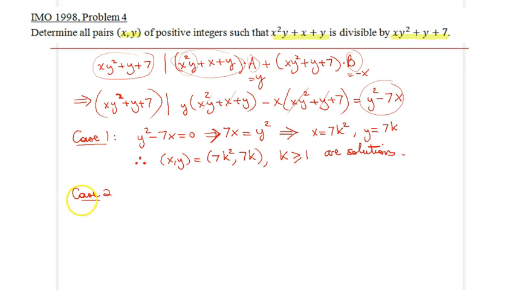Let's have a look at the second case, where y squared minus 7x is strictly greater than 0.